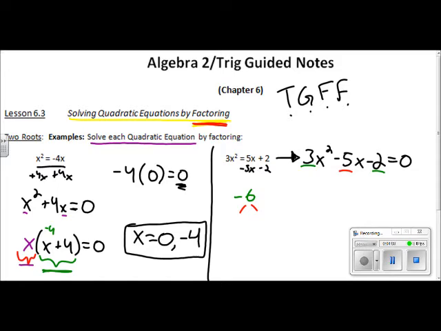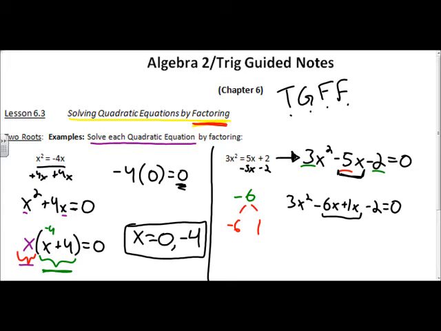In this case, it's going to be negative 6 and positive 1. Now we just set those back into our equation in place of the negative 5x. So we'd say 3x squared minus 6x plus 1x, and then minus 2 equals 0.